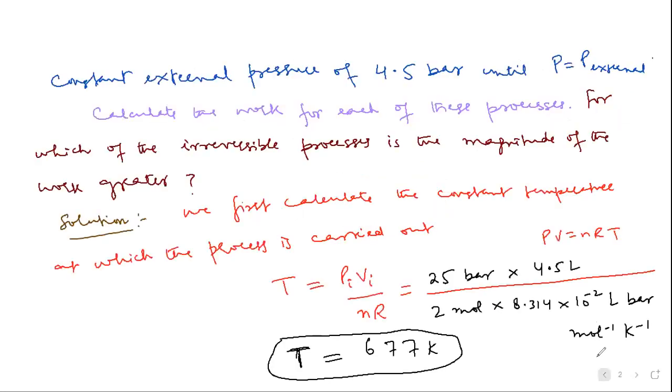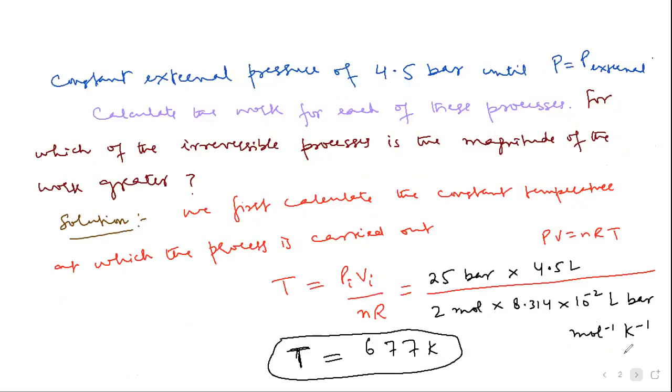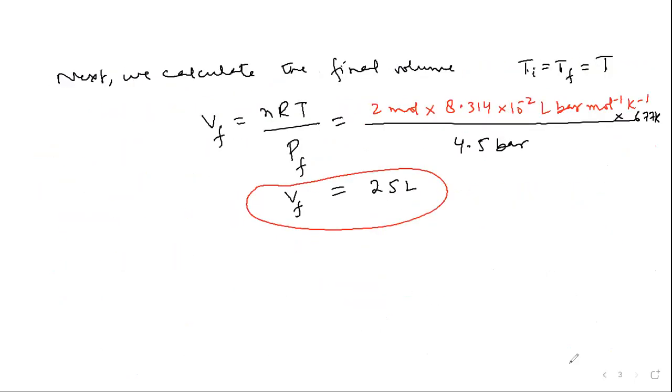See, in single step expansion, we know the initial volume is 4.5 liters, and it directly goes to the final state in which the volume is, which we have solved for, 25 liters. So for this step, we know initial volume and final volume.